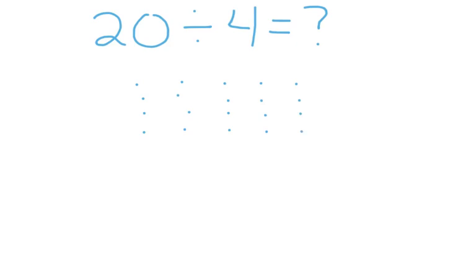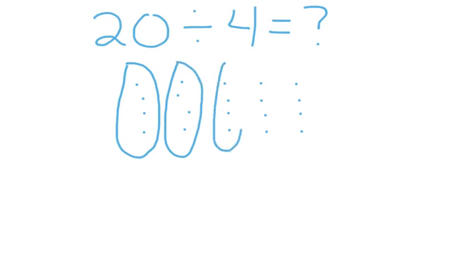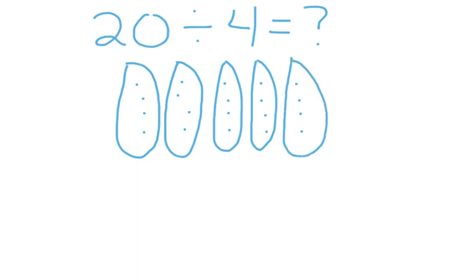Did you guys see the way that I laid that out? So what that is saying is that if I have 20 counters and I put them in even groups of 4, I am able to make 1, 2, 3, 4, 5 even groups. So we can get rid of that question mark. We know that 20 counters put into even groups of 4 is going to give us 5 groups.